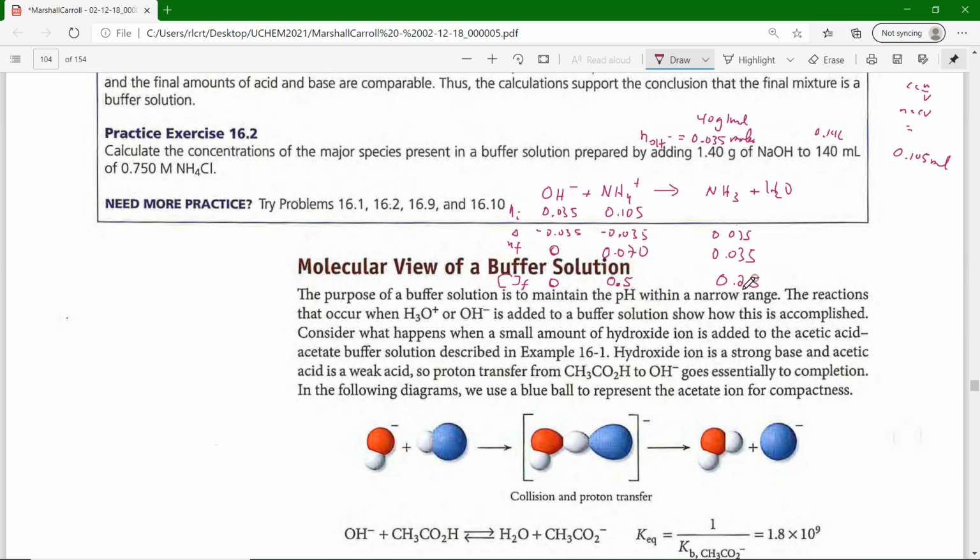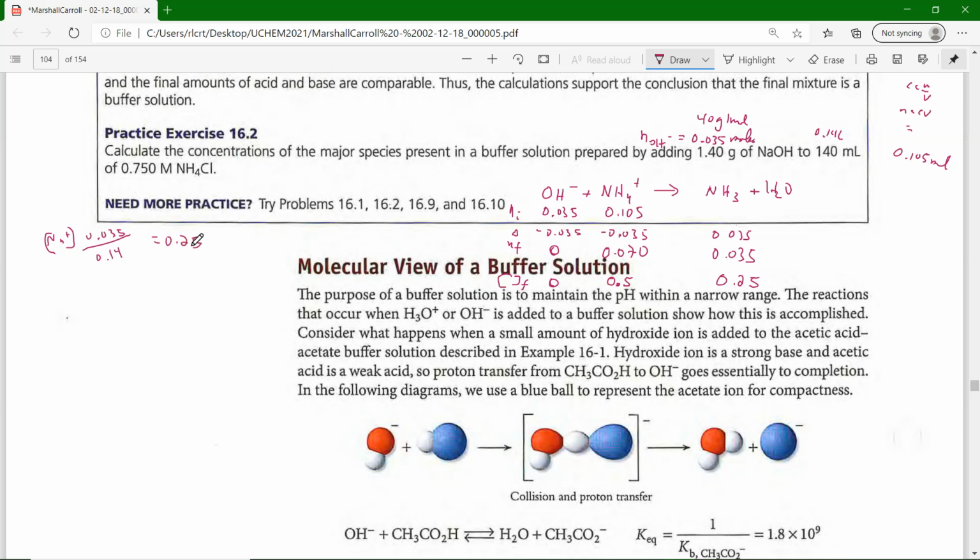Now it also wanted, you do have some Na plus still swimming around, right? The Na plus swimming around is 0.035 moles, and if we were asked to list it, then 0.035 moles divided by 0.14 liters is 0.25.